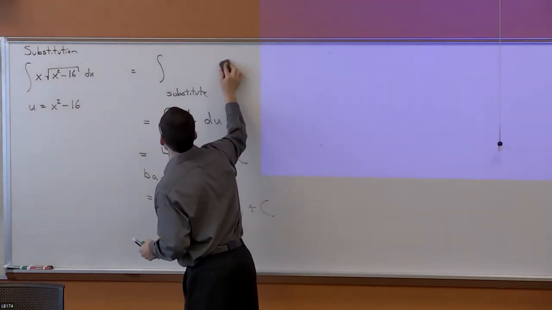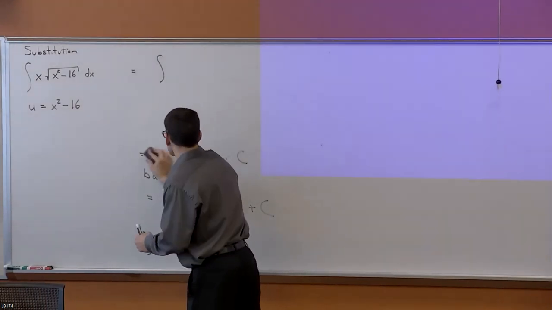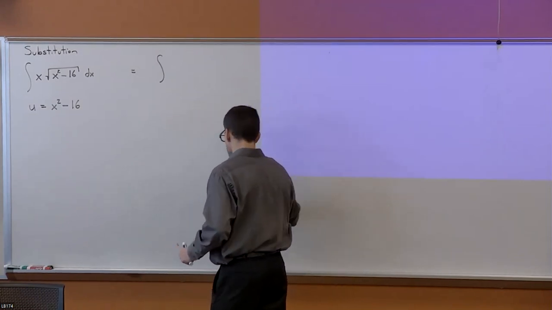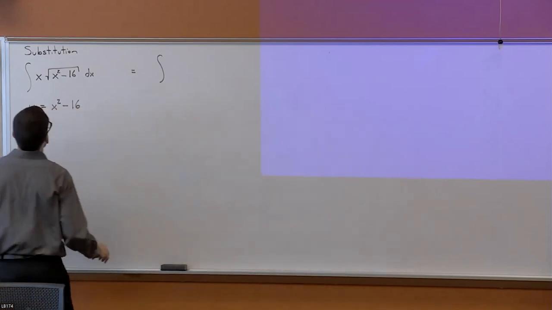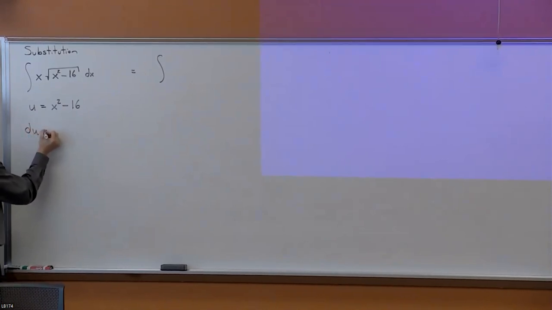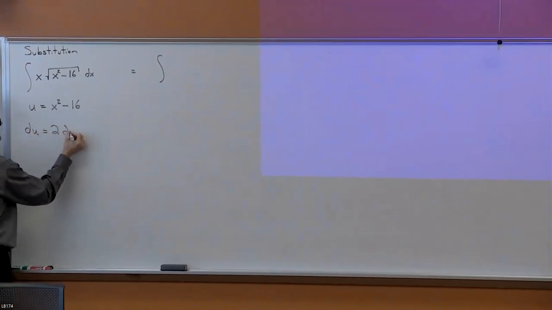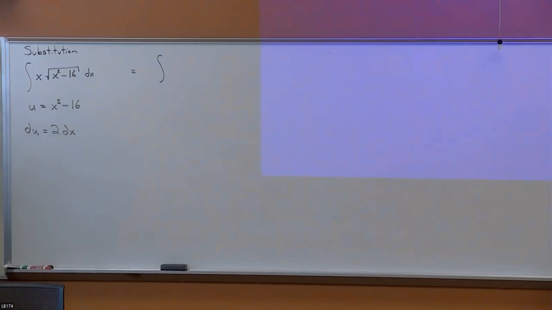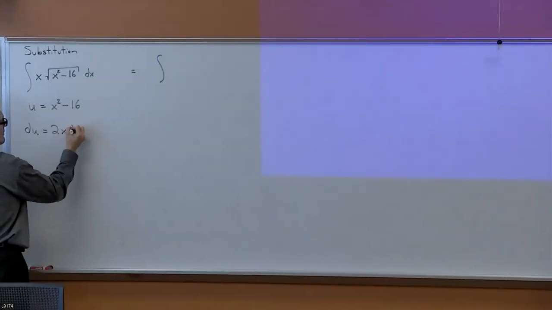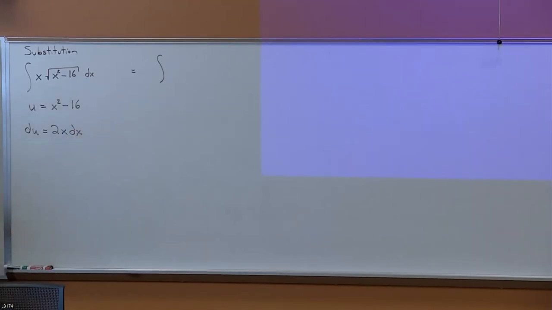Now, this one's a little bit awkward. Not in the u du exchange, that's pretty straightforward. Du is equal to 2x times dx.